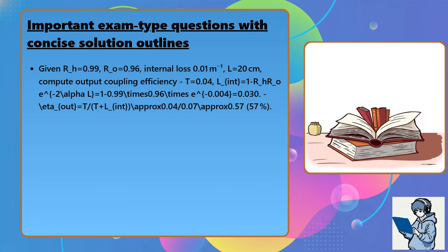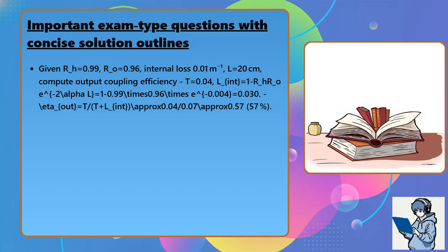Given reflectivity of the high reflector 0.99, output coupler reflectivity 0.96, internal loss 0.01 per meter, cavity length 20 centimeters, compute output coupling efficiency. Transmission T equals 1 minus RO, which is 0.04.